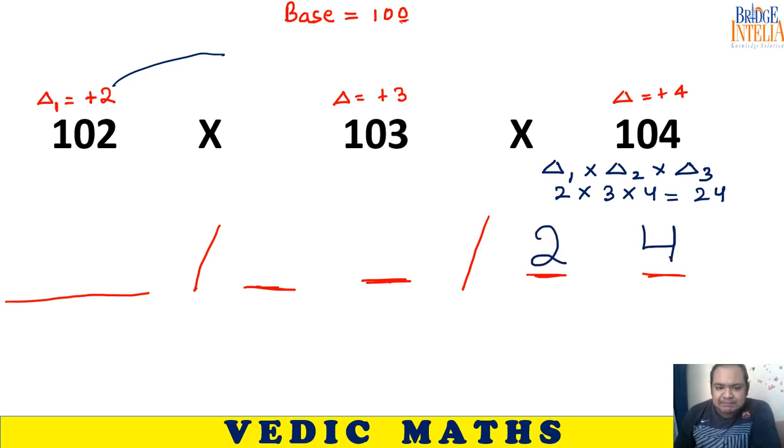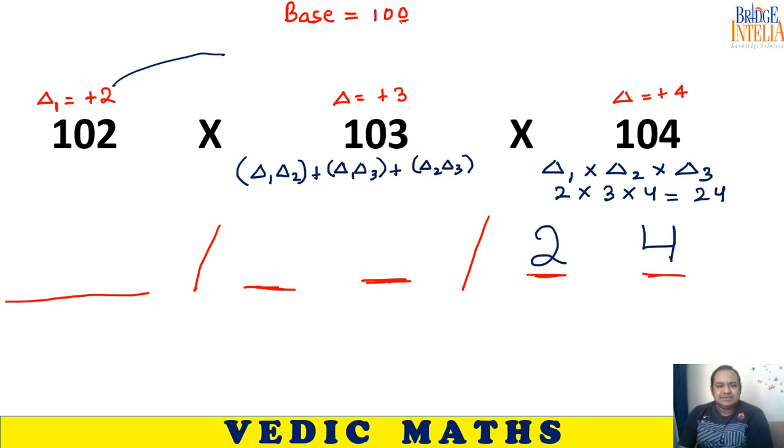Now focus on middle part. In middle part what we have to write? Delta 1 into delta 2 plus delta 1 into delta 3 plus delta 2 into delta 3. So let's solve this. So 2 into 3 plus 2 into 4 plus 3 into 4.